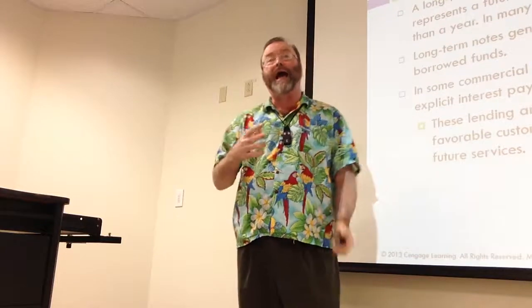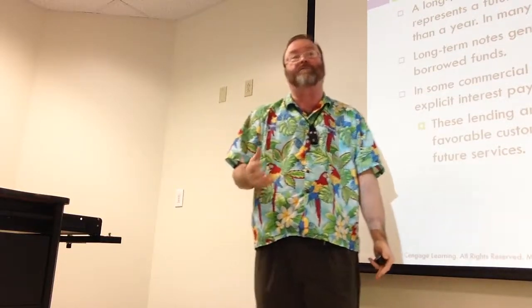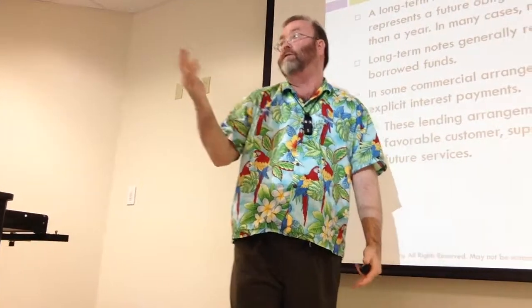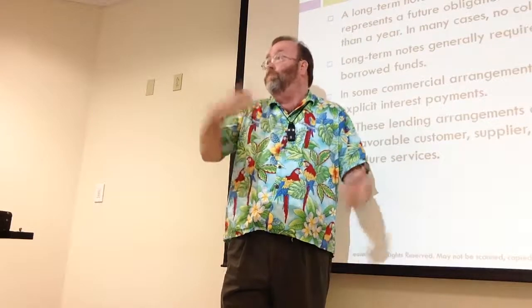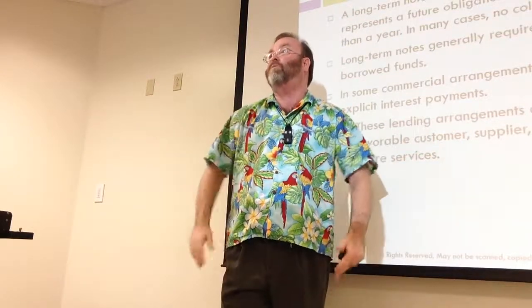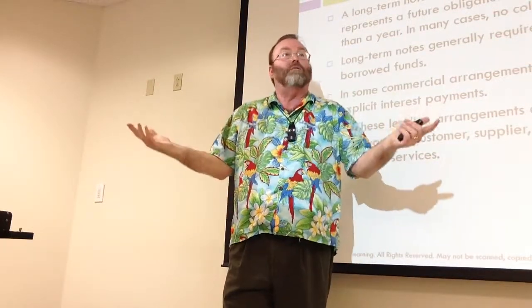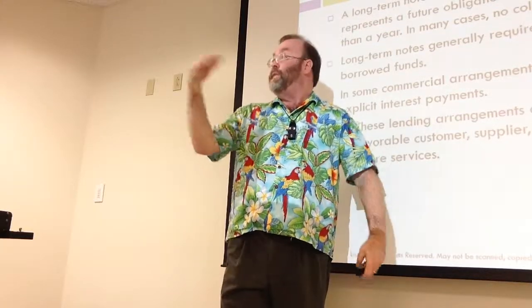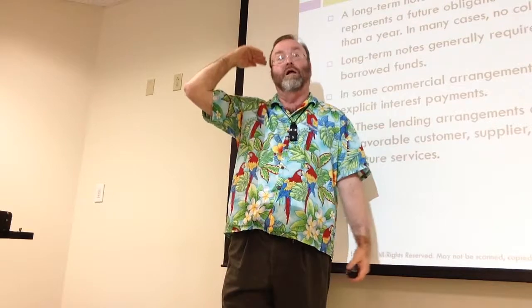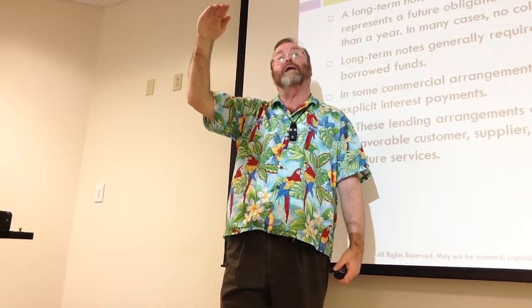If we're able to buy that by issuing a non-interest-bearing note at an arm's length transaction with an unrelated vendor, then the present value of that note must be the list price of whatever we're buying, because otherwise nobody would take the deal.